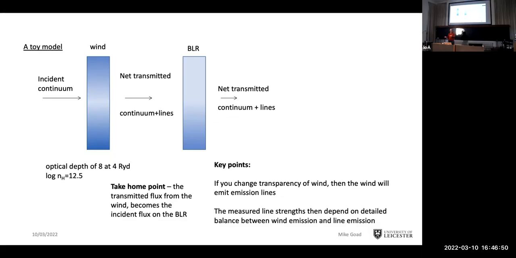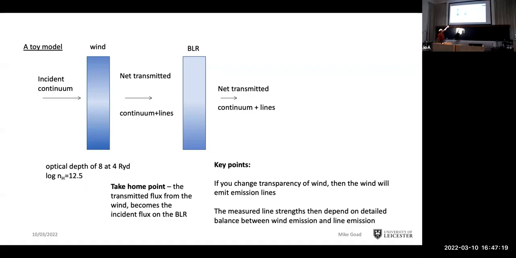Does the wind emit broad lines? Or does it not? So in the normal transparent case, no, it's just the BLR. But the wind isn't there. It may as well not be there if it's transparent. And so the detailed behaviour of an emission line in response to these changes depends on the detailed balance between the two. So my toy model here says, I have my continuum on the wind, which is set up to exactly mimic the situation where we have these ionization fronts.